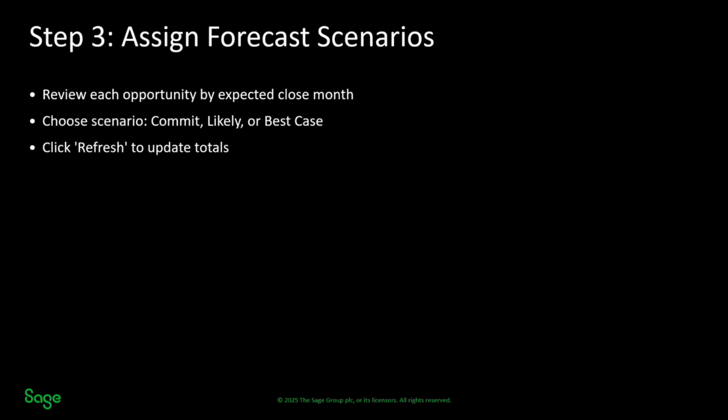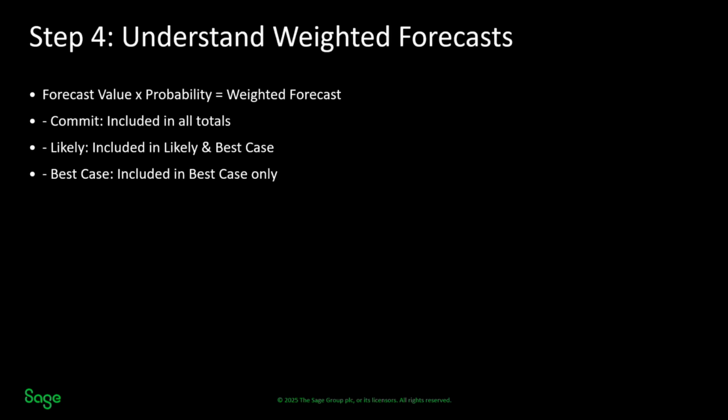They have their certainty, they have their workflow stage, and what we need to do is provide a scenario to say whether or not they're something that you can commit to within this reporting period, whether they're actually likely or best case, or something to be excluded. And we can then click to refresh inside our forecast to bring that up to the top.